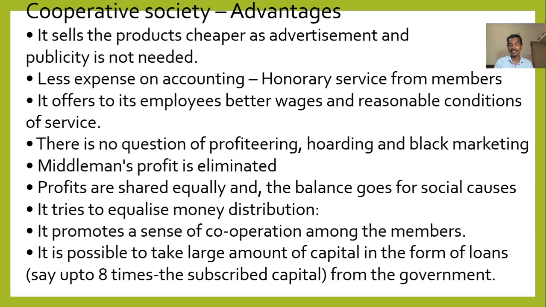And profits are shared equally, and the balance goes to social causes. Whatever profit they earn from this type of business will be shared equally among the members, and the remaining amount will be kept for social causes, for the development of the members or the development of social issues.